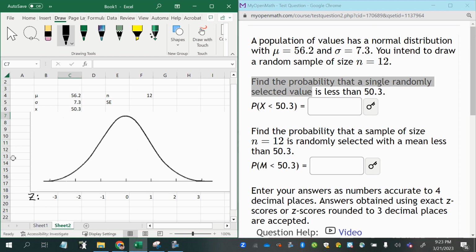So we can set up the scale by using the mean here, and I'm going to use an absolute reference to the mean cell. And then I'm going to add the standard deviation and also use an absolute reference on that as well, putting in the dollar signs.